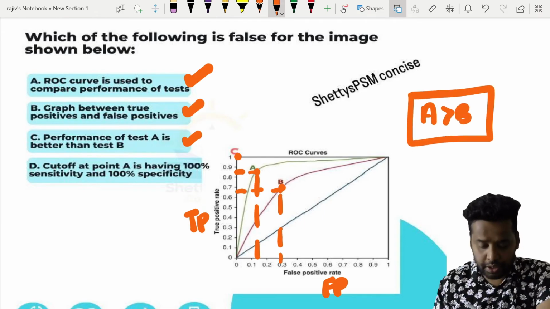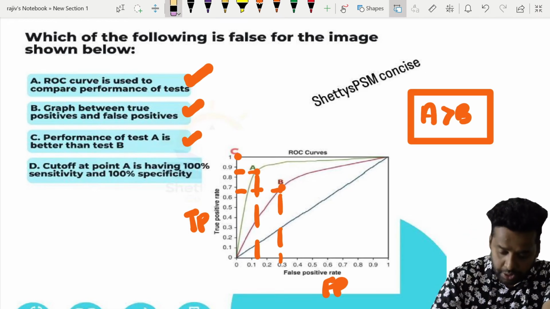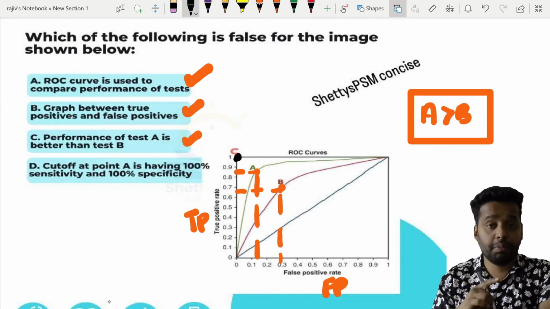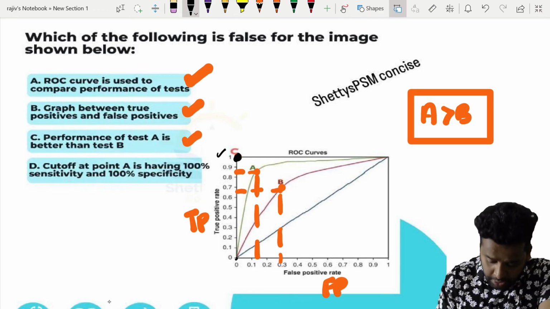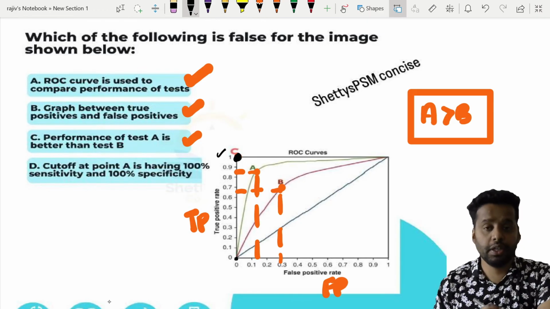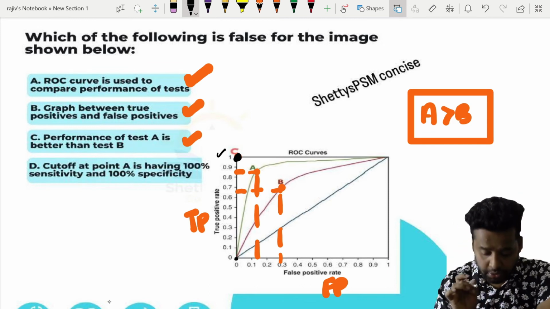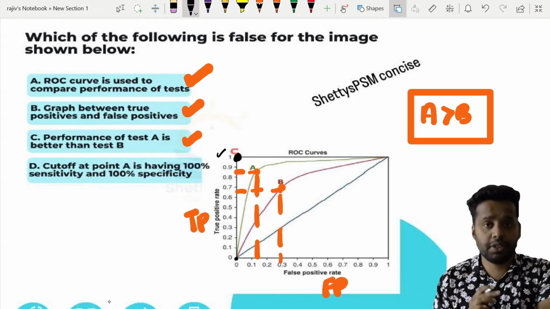But if I ask whether test A has 100% sensitivity, no. 100% sensitivity is for this point. 100% sensitivity and 100% specificity, because there is 100% true positive result and 0 false positive result. So which has 100% sensitivity and 100% specificity?